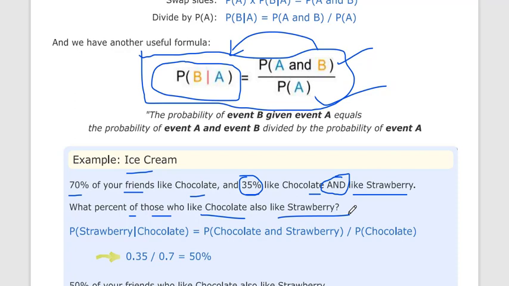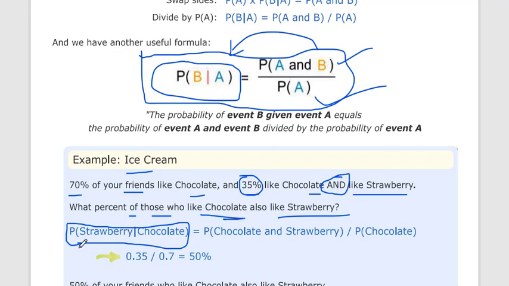In the question they have not asked for the probability of liking strawberry. They have asked for the dependent probability: first the probability of chocolate, then among those who like chocolate, the probability of liking strawberry. So strawberry is dependent on the outcome of the chocolate event.